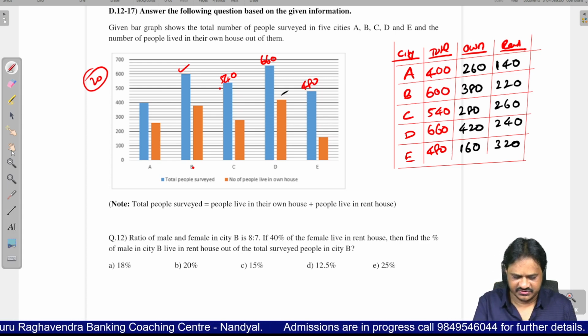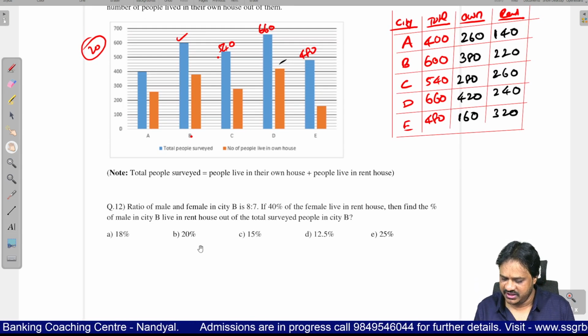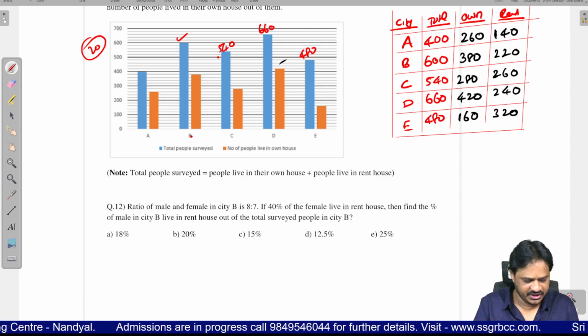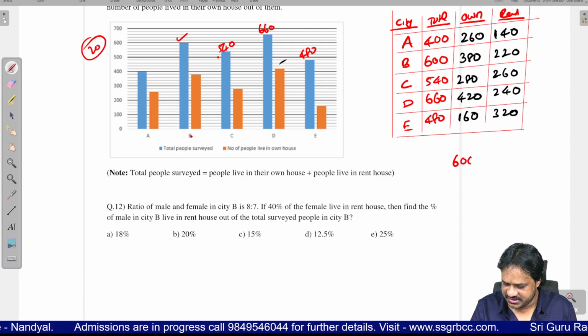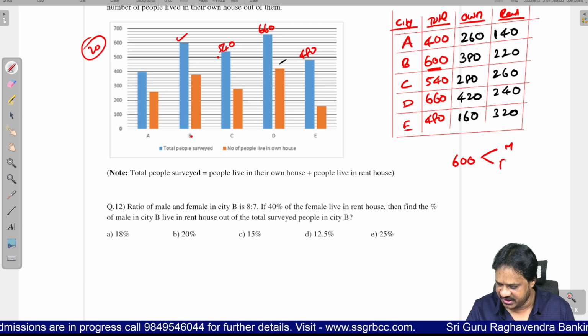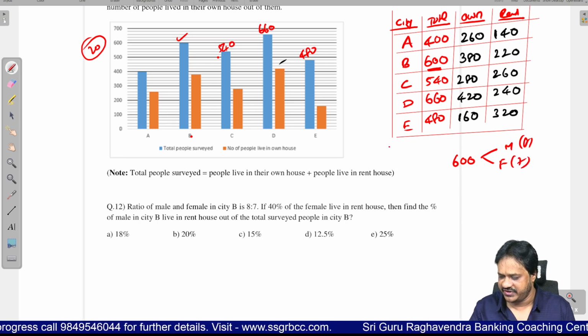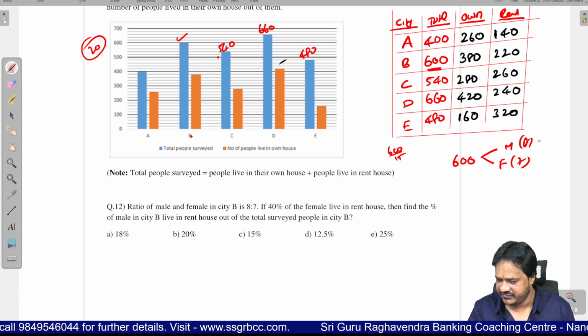Now let us see the first question. The ratio of the male and female living in B is 8:7. In B, total people living are 600, this value 600. In this, male and female will be 8:7. 8 plus 7, 15 parts. So 600 by 15, 40.